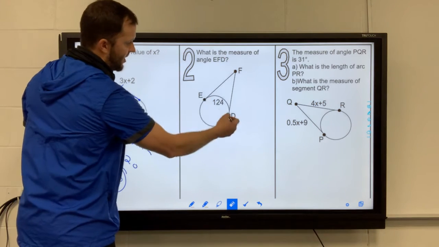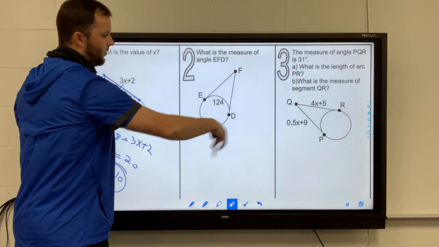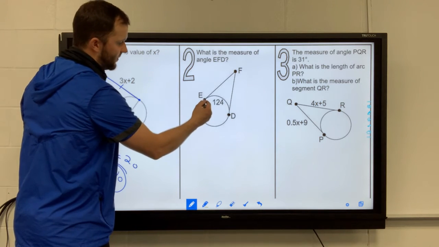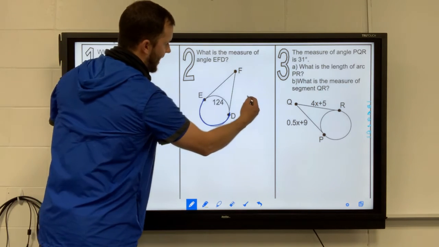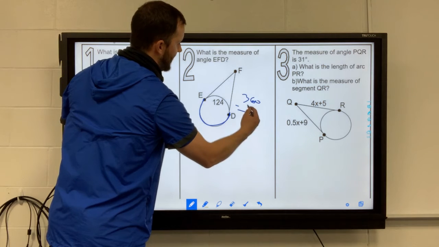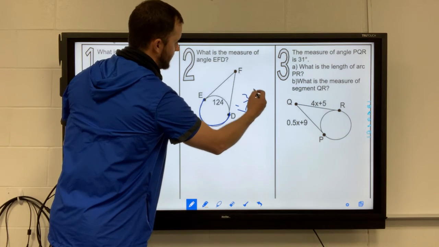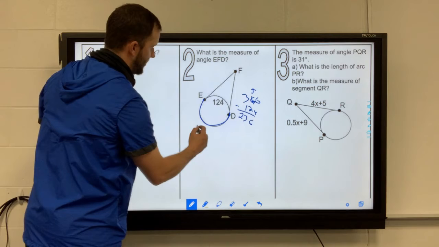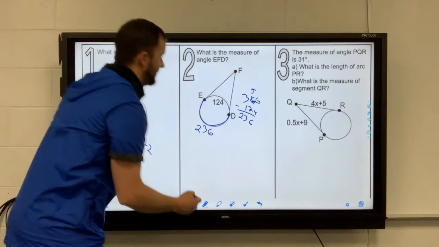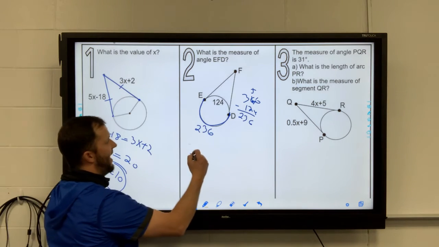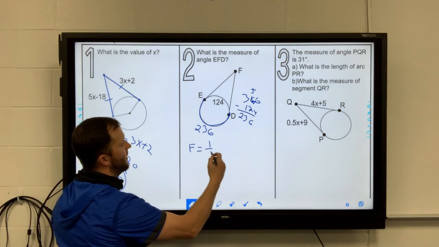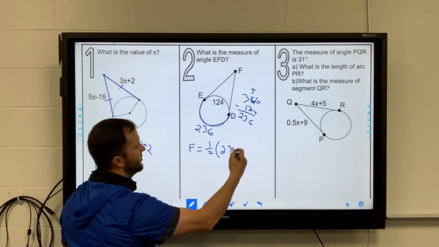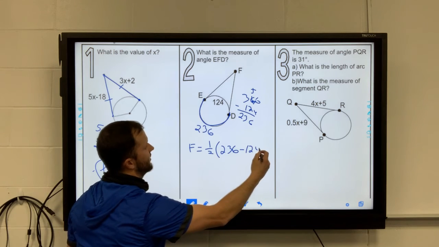So right now I have 124. I know the whole circle is 360, so I know from E to D this way, I have to do 360 minus 124, which is going to give me 236. So that means if I wanted to find angle F, I have to take 1/2 the measure of 236 minus 124.